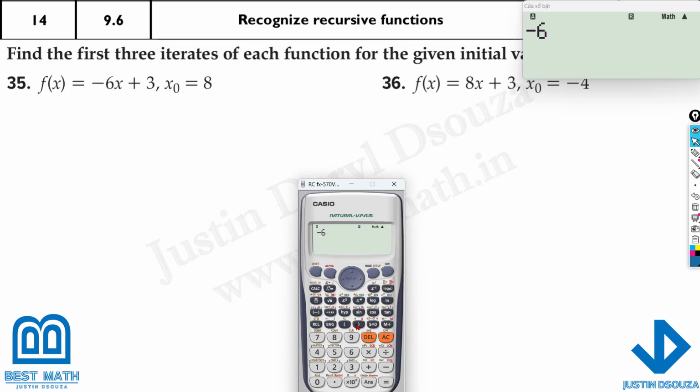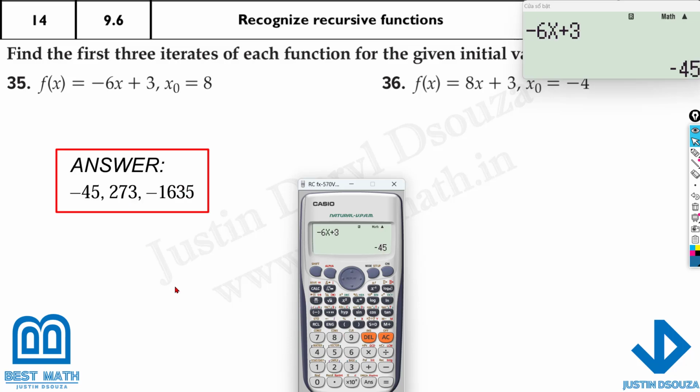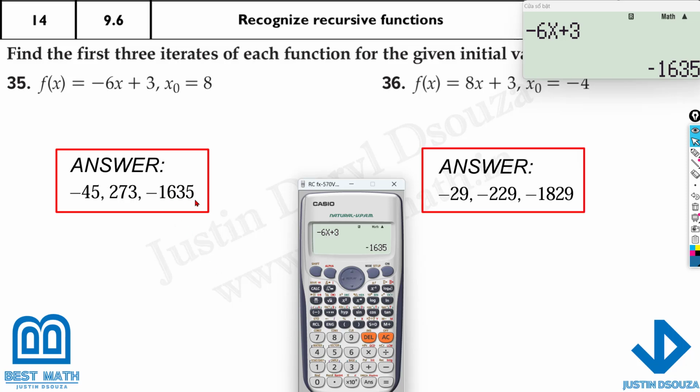Minus 6x plus 3 calculated at 8. Now that's minus 45. You can see the answer. But now calculated again at minus 45, it's 273. And the last answer is minus 1635. Similarly, I'll solve all the problems, but you can try them out by yourself.